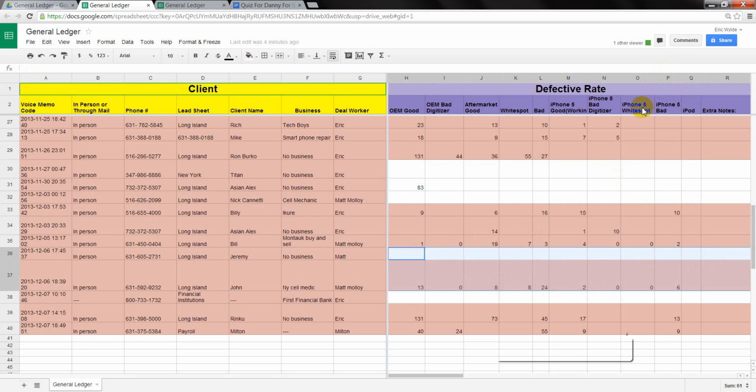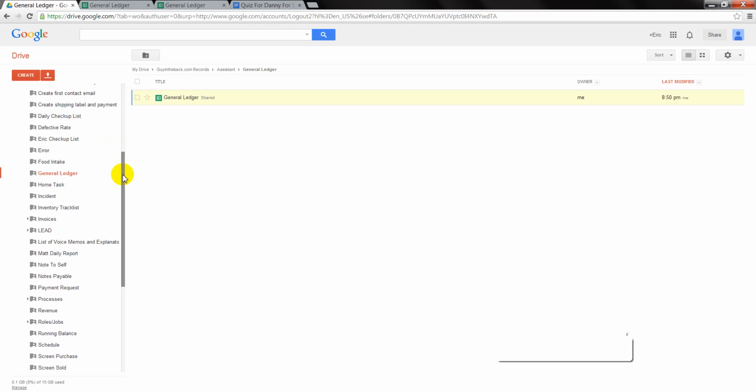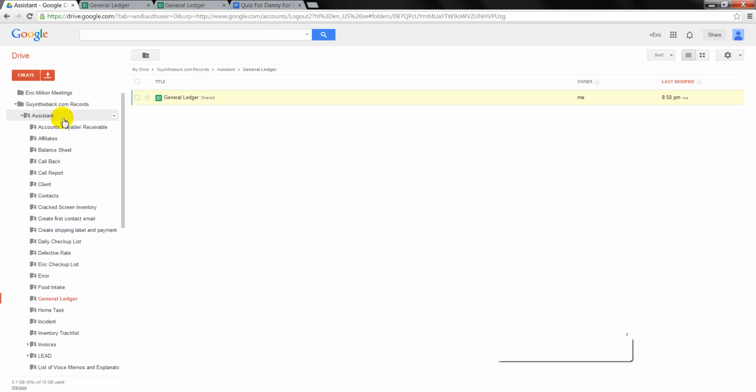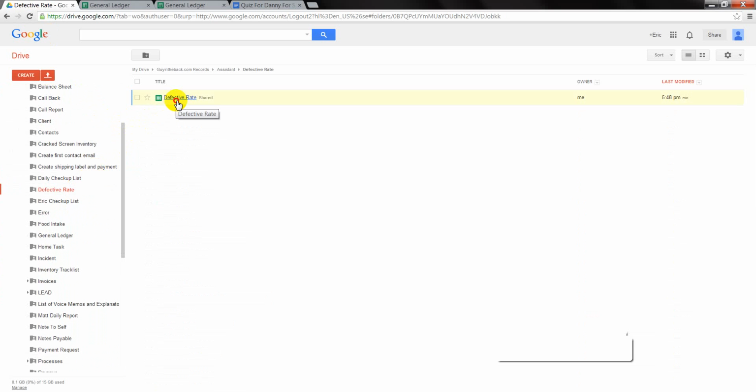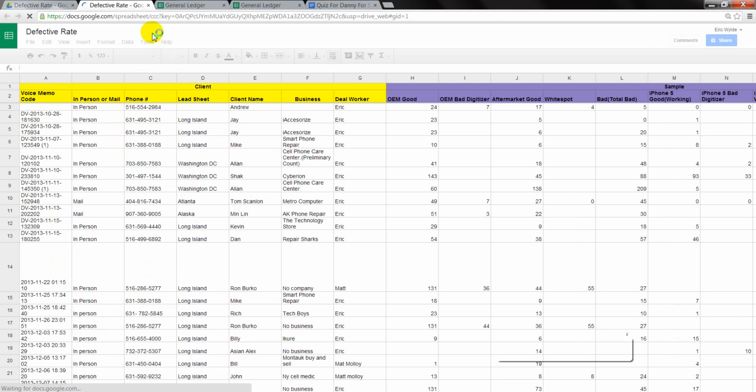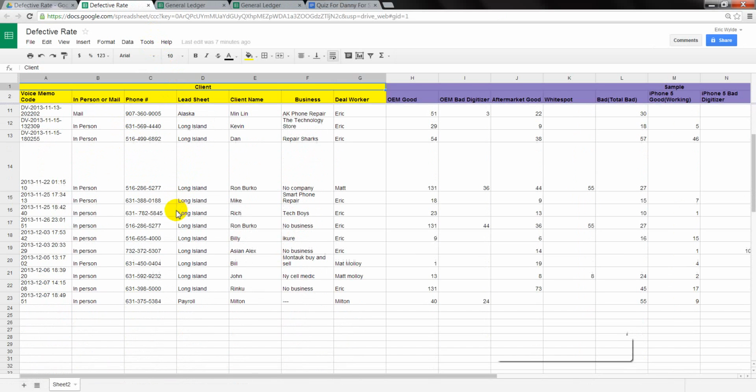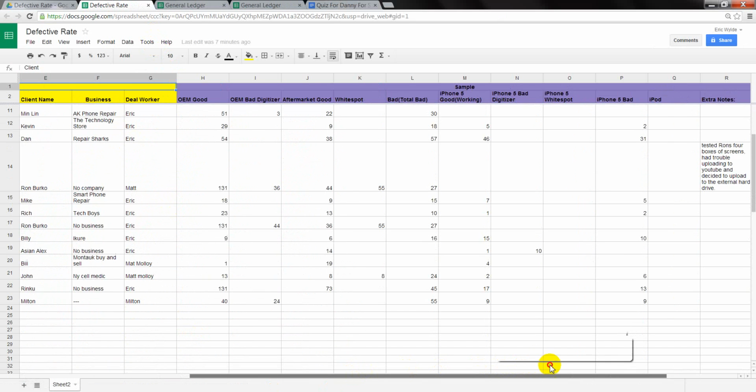So if you just wanted to get a quick overview of all the defective rates at once, what you would do is go to Assistant, scroll down to Defective Rate, click on the defective rate. And here we go. What we have is a whole list of the defective rates.